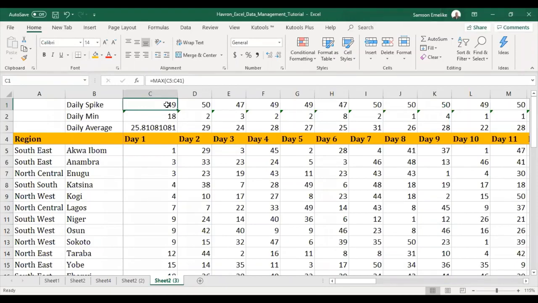Later in this course, we'll be able to do what we usually do when we go to the library or take up our telephone directory or staff directory, and we say, okay, we are looking for Samson Emelike. Of course, what you're looking for is usually arranged alphabetically, so if you're looking for S, you skip A, go down to S, and you see Samson.